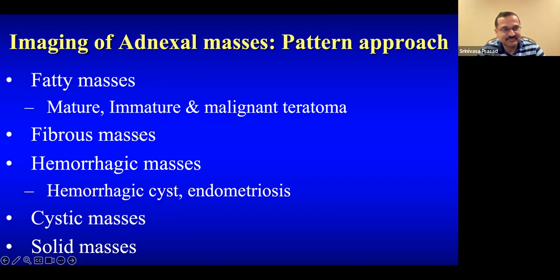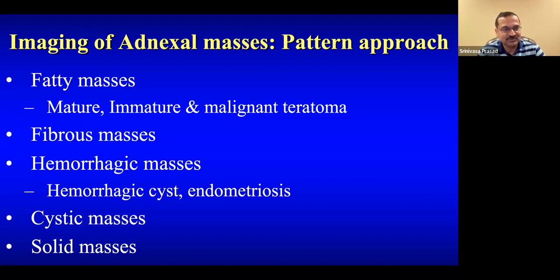And there's a bunch of ovarian masses with predominant fibrous content, such as fibrothecoma, fibroma, and these have a specific imaging appearance both on CT as well as MRI.